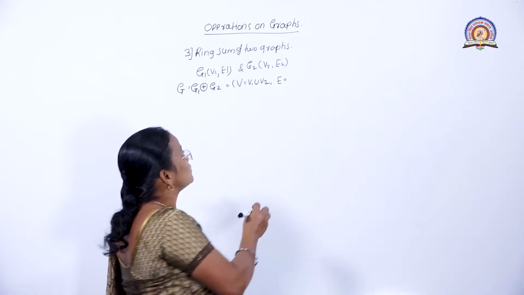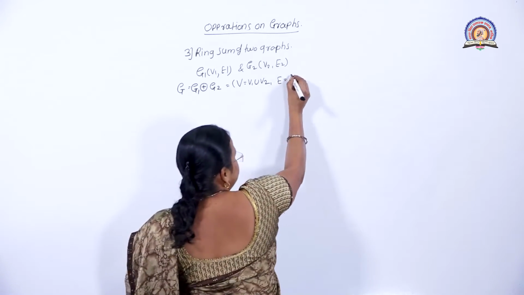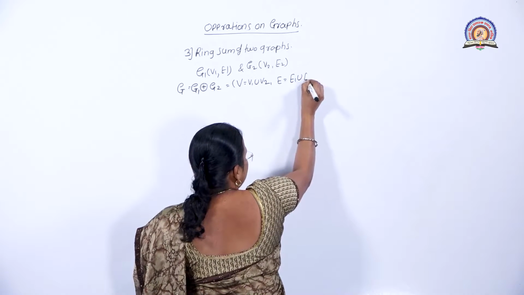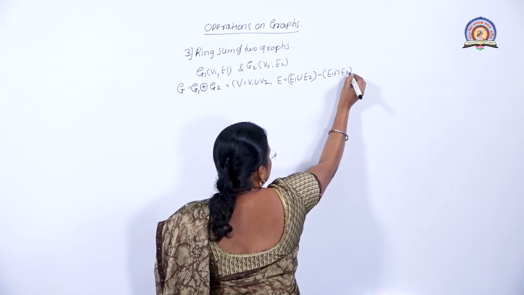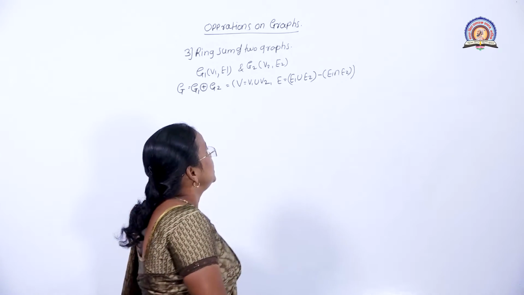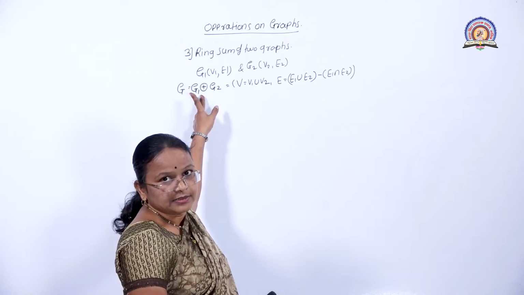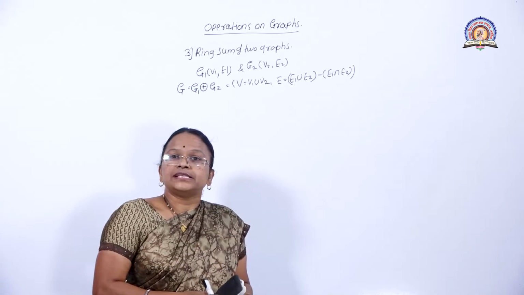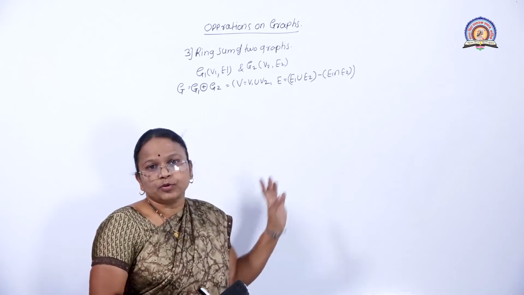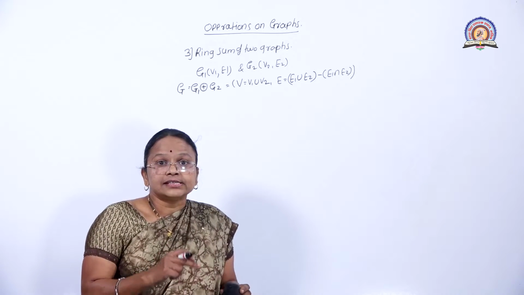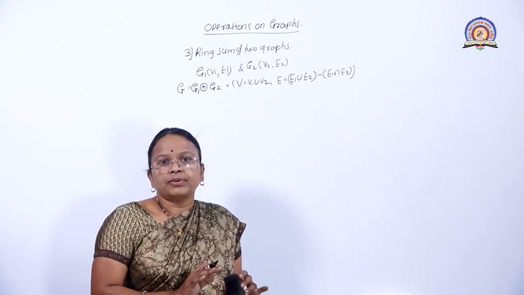Not in both means we don't consider the common edges, so the edge set E is E1 union E2 minus E1 intersection E2. This is the edge set for the ring sum of two graphs. That is, the ring sum is a graph whose vertex set is the union of vertices of both graphs and whose edge set consists of those edges which are either in E1 or in E2 but not in both.